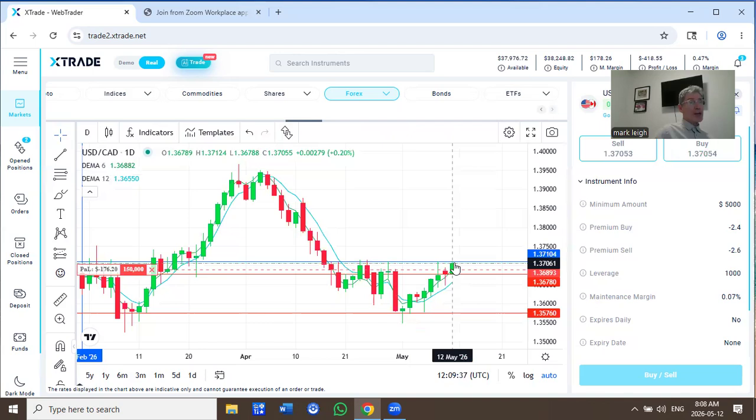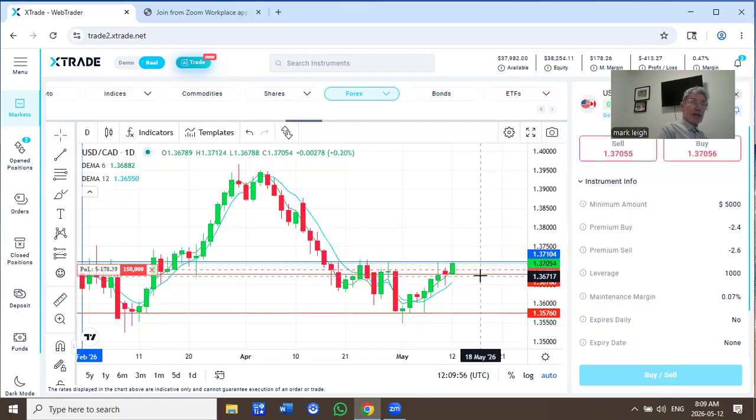Buyers will look to test it, break it, and get above this 137 level. If we're going to see a turnaround from strong to weak US dollar and sellers step in, then a bounce down off these levels, and sellers look back down at the 136.78, the support for now.